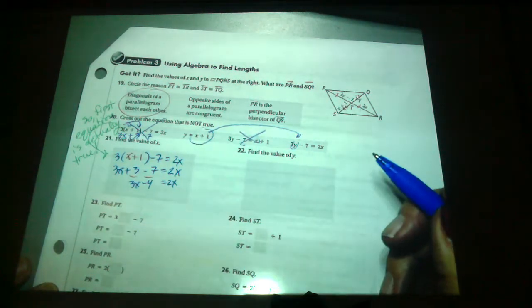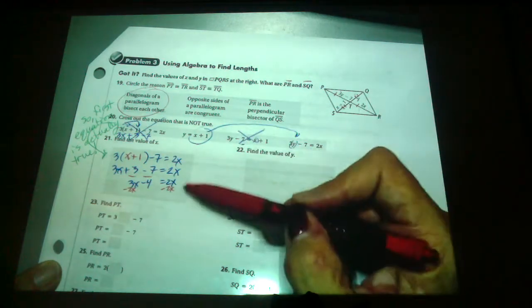So now go ahead and distribute. 3x plus 3 minus 7 equals 2x. Combine your like terms. So you have 3x minus 4 equals 2x. You could do one of two things. I like to keep my variables positive, so if I subtract 2x, that'll keep my variables positive.